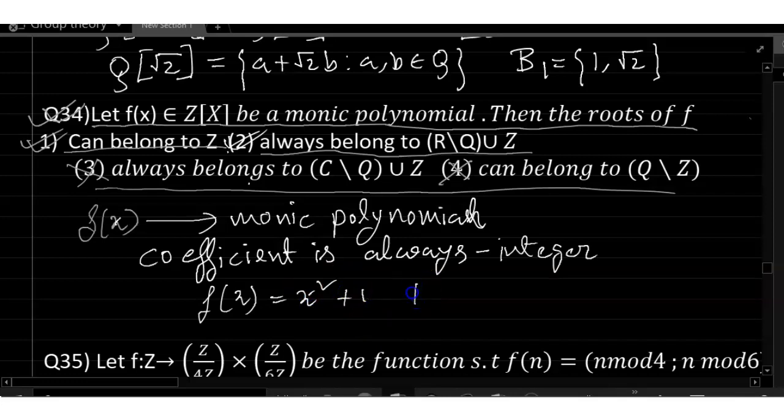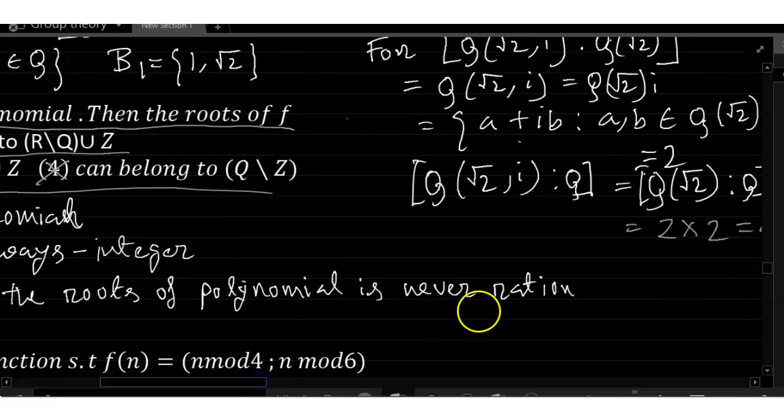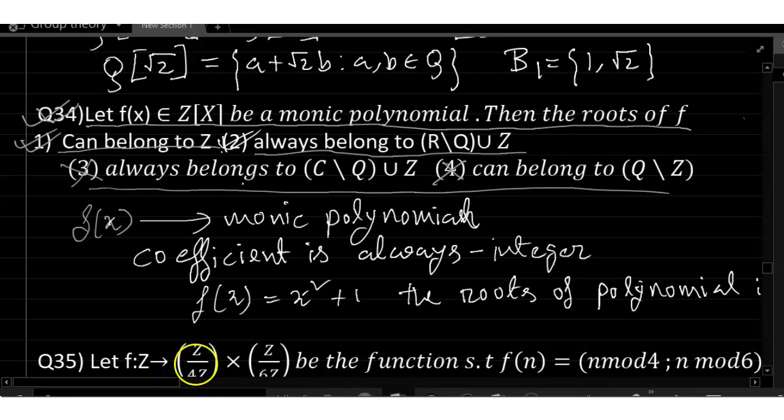So the roots of the polynomial are never rational numbers. So it can belong to Q minus Z. This is not possible.